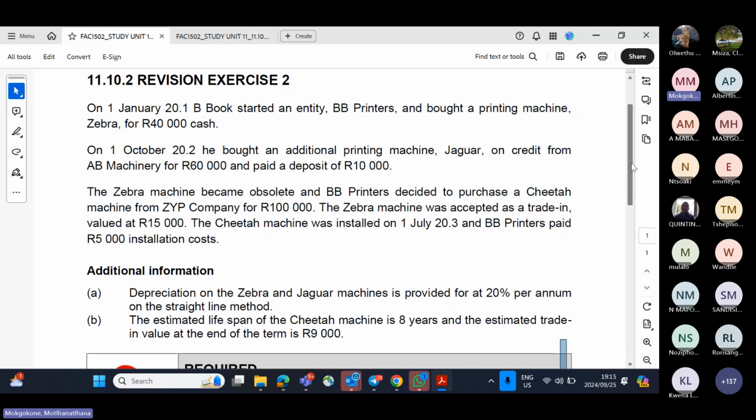And additional information B: the estimated lifespan of the Cheetah machine is 8 years, and the estimated trade-in value at the end of the term is 9,000. Because remember, when you calculate depreciation, the depreciable amount will be your cost price less your residual value. That will give you the depreciable amount.